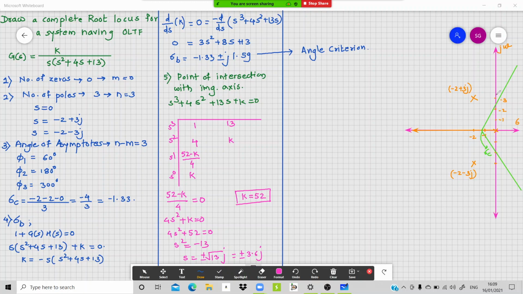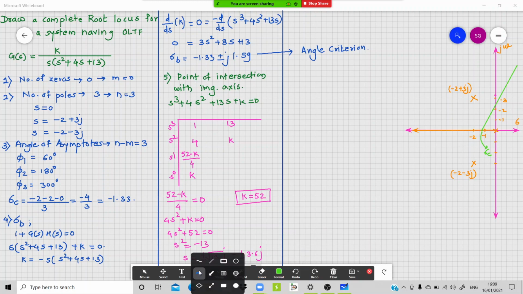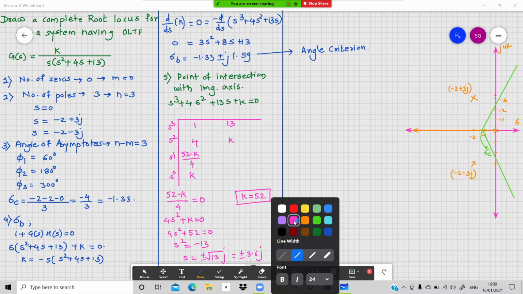So 3.6 is somewhere over here, and actually I had drawn this line wrong, so let me draw it properly. Wait. That's half of that, somewhere over here, and now we'll draw it.